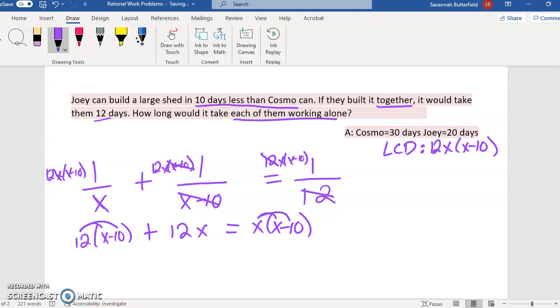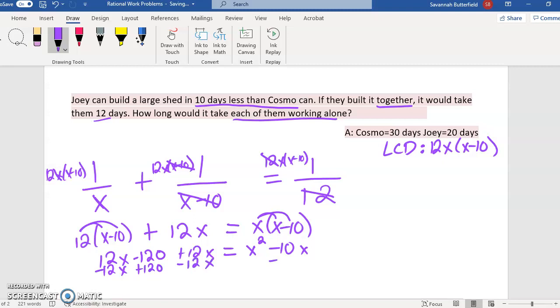So 12 times x, we have 12x minus 120, still plus 12x. It's equal to, we have an x squared and minus 10x. So this one is where we're going to have to get everything on the same side of the equation, and we're going to have to do some factoring. So since x squared is on this side, I'm going to move everything to the right. So I'm going to subtract 12x, add 120, and subtract 12x again.